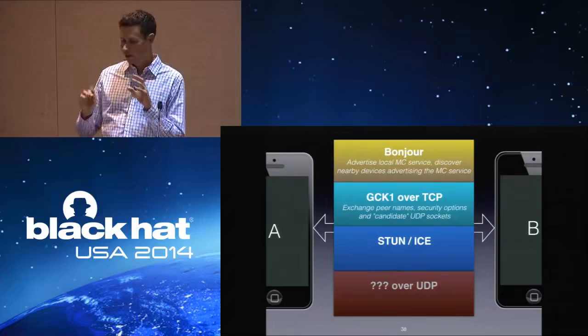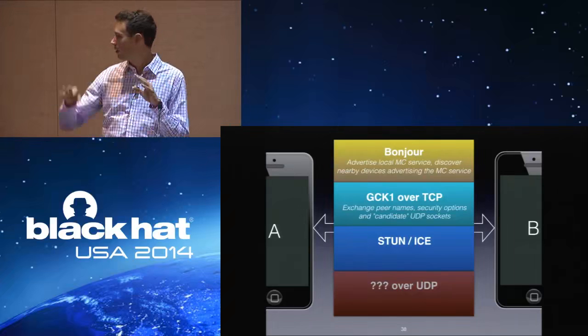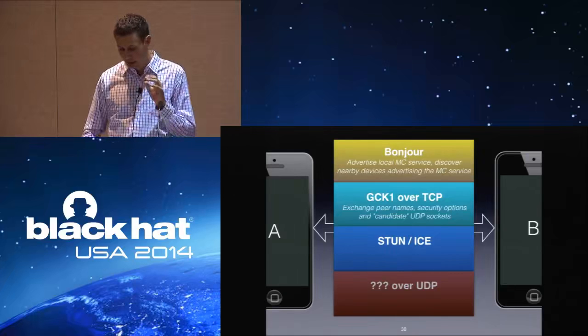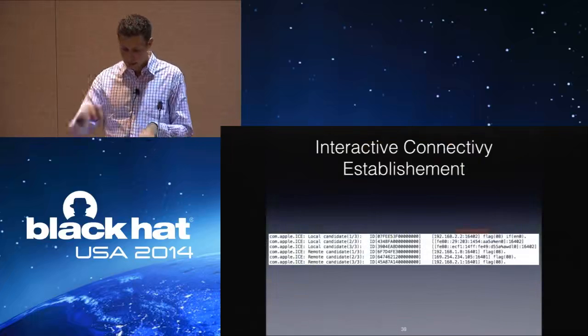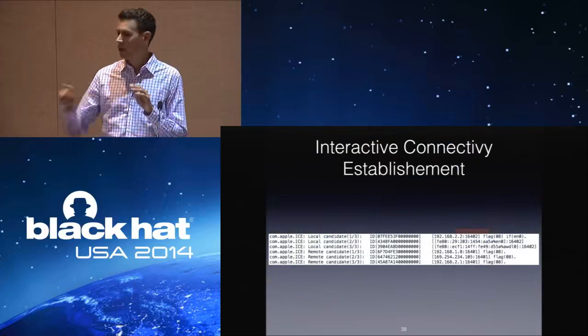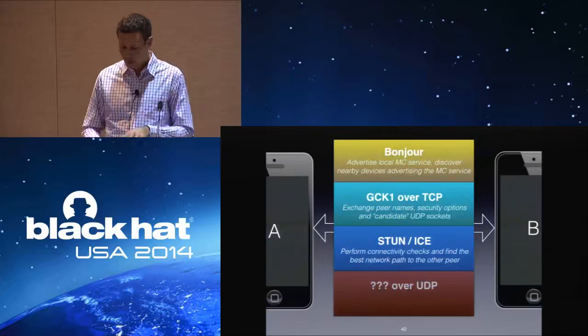And so that's why in the previous protocol, each peer exchanged their list of IP addresses, and now ICE is going to use that to find the best network path. And in the debug logs, that's what you see. It lists all these addresses and port numbers, and then it's going to send packets to see which one works best. And if you want more details, again, it's well documented, so you can look it up.